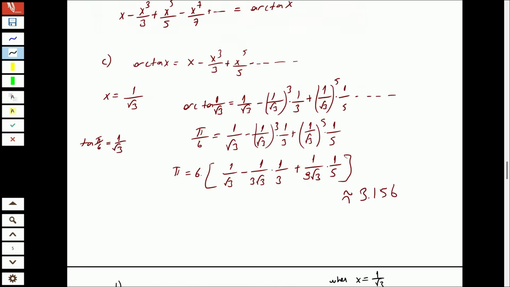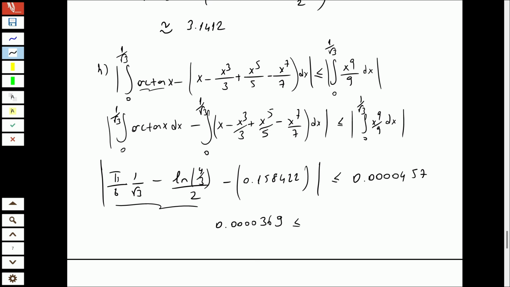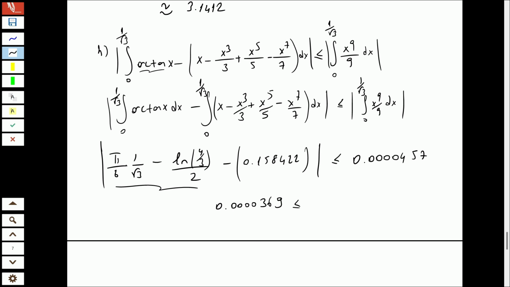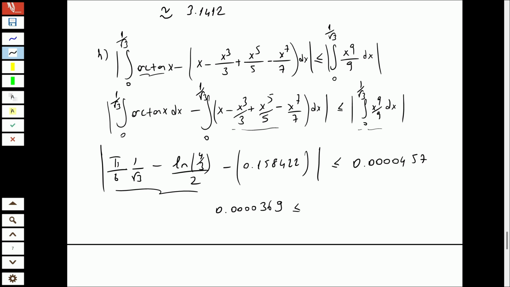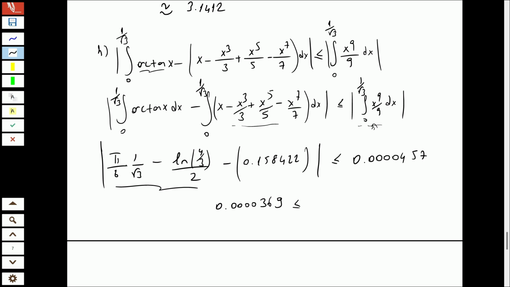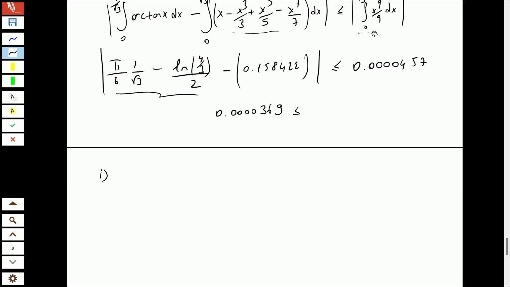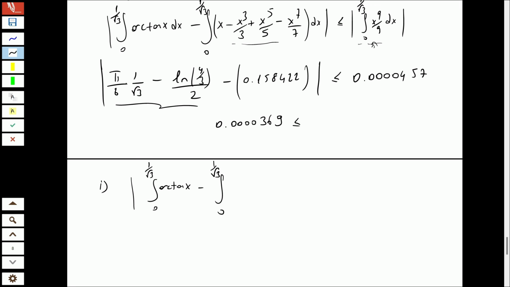Yeah, in the previous question, we found that for the integral of arctangent x, for example for the first four terms, the error was less than this value. In this case, we are looking again at the same function, arctangent x, and how many terms do we need to write in here to make the error less than 10 to the power of minus 6.